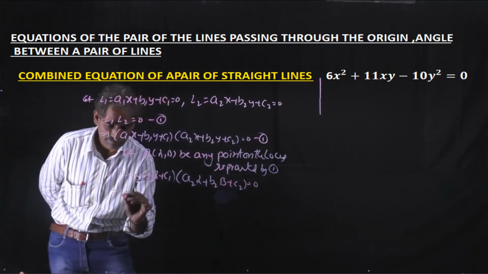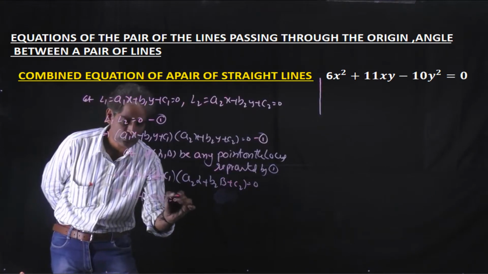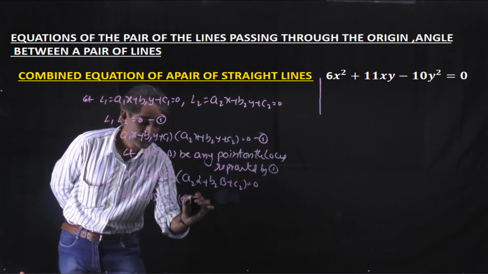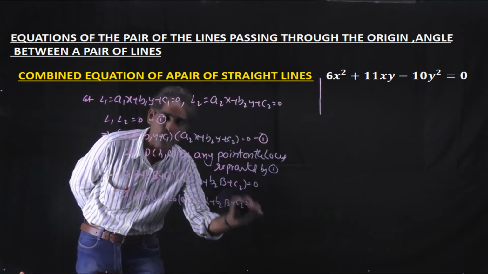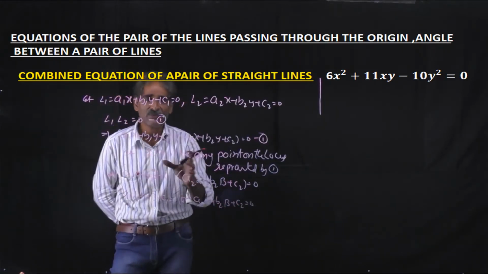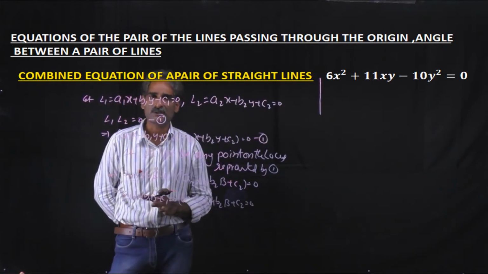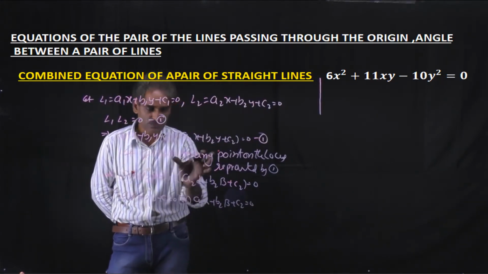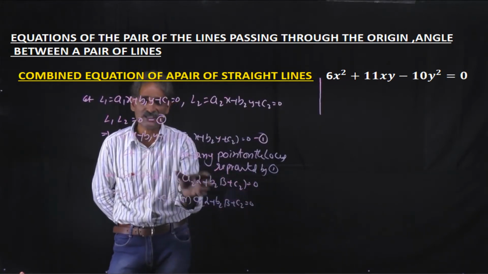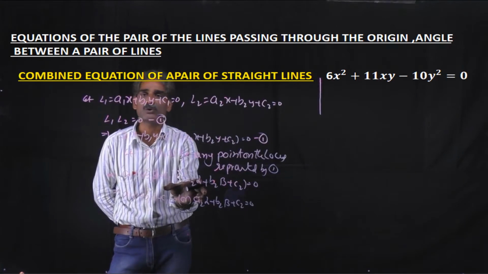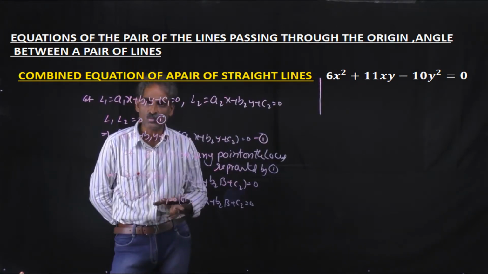This means A1 alpha plus B1 beta plus C1 equal to 0 or A2 alpha plus B2 beta plus C2 equal to 0. What it means? The point alpha, beta lies on the first line or the second line. This point satisfies the product L1 L2 equal 0. That means this is the combined equation of L1 and L2.